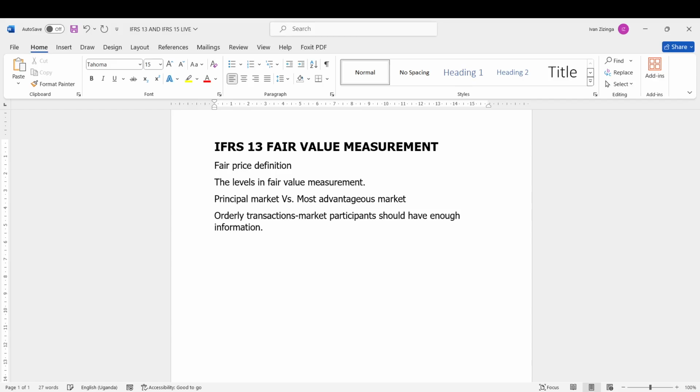He went ahead to discuss what we should know, like the asset condition and location, though he forgot something like any restriction to use, right? So those are the key points that we can talk about.